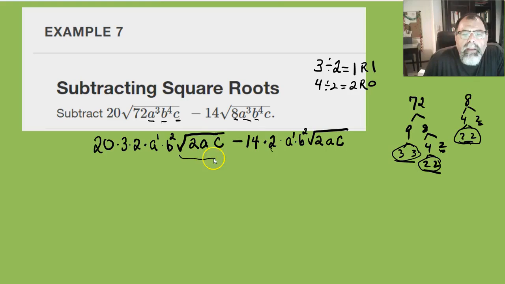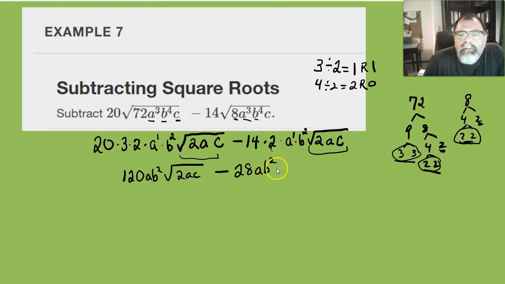And you can see the radicand parts are identical. So these are what we call like radicals. So let's clean this up here. 20 times 3 times 2 is what? 120. 120 ab squared, square root of 2ac, minus 14 times 2 is 28 ab squared, and then 2ac.